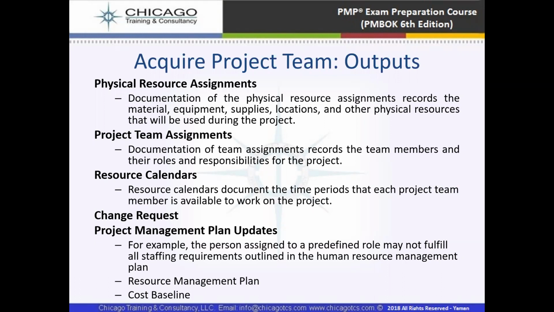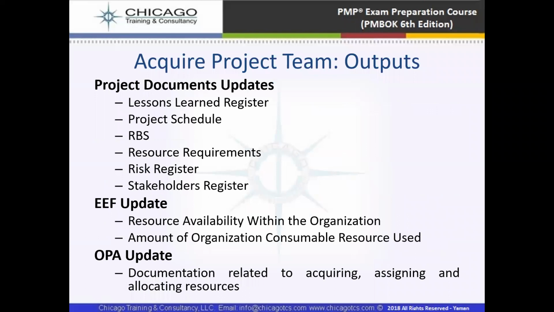And we have resource calendars that document the time period that each project team member is available to work on the project. And we have change requests as an output, and project management plan updates also as an output. We will update our cost baseline and resource management plan also.